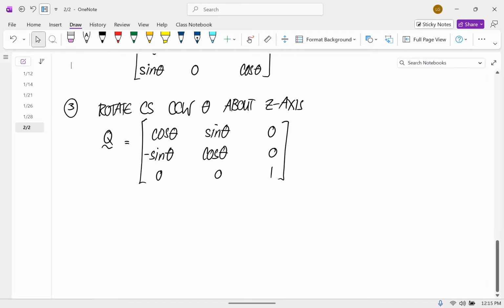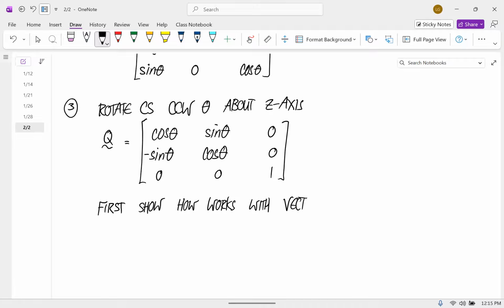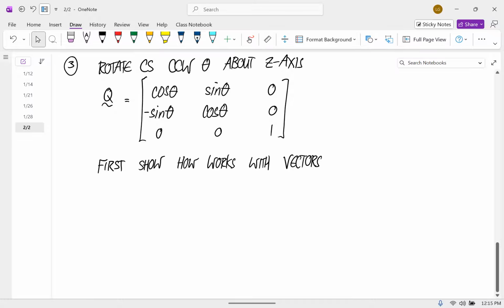So first, let's see how it works with vectors, because you can use these rotation matrices for transforming vectors to new coordinate systems too. Let's say this is the example I had before.